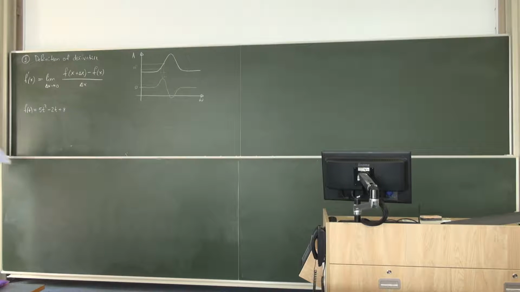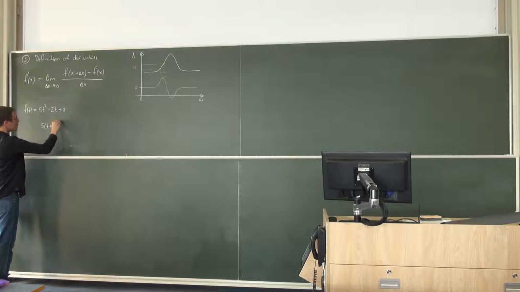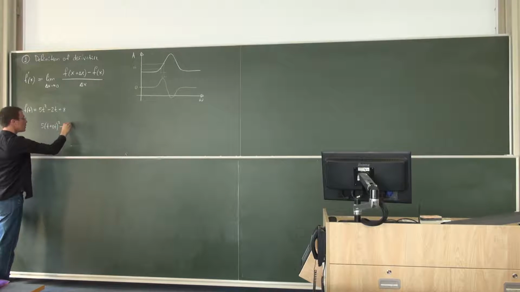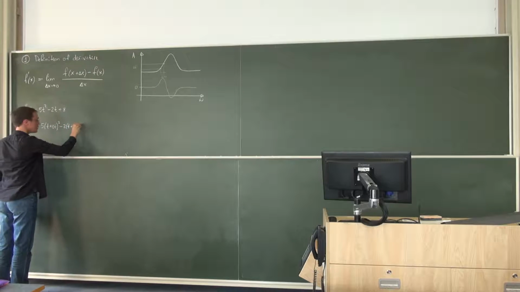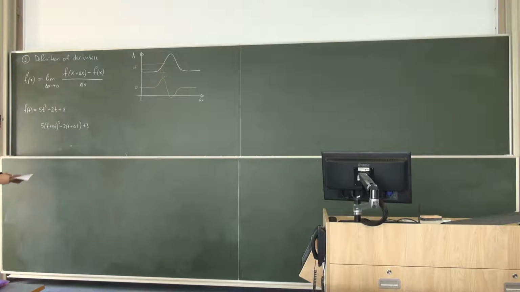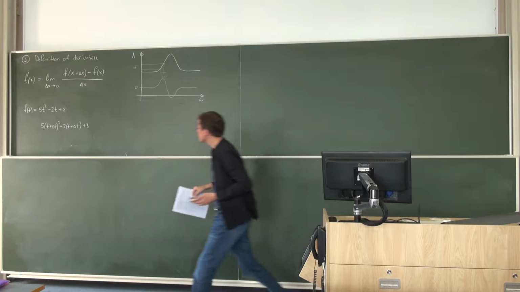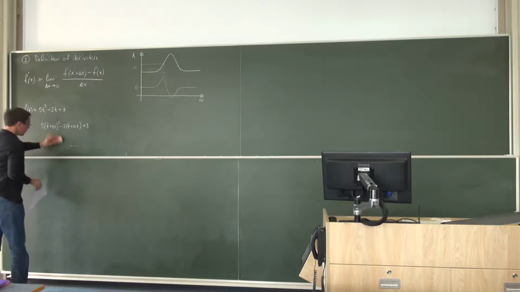The argument in this case is t, so this becomes f of t plus delta t. So 5 times (t plus delta t) squared minus 2 times (t plus delta t) plus 8. That is the function that has been displaced from the original time position by delta t.